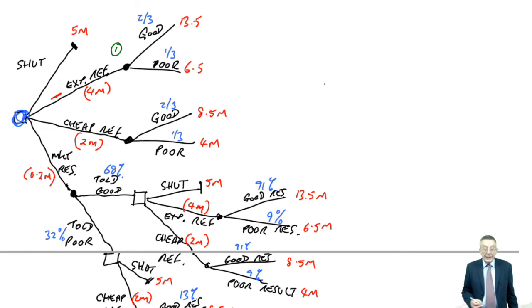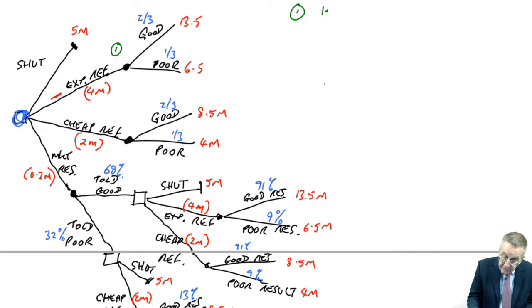So at point 1, remember, we've paid out 4 million. But what will we get? I'll show my workings. We'll either get 13.5 million, or we'll get 6.5 million. We know the probabilities. There's a 2/3 probability of getting 13.5, a third probability of getting 6.5.